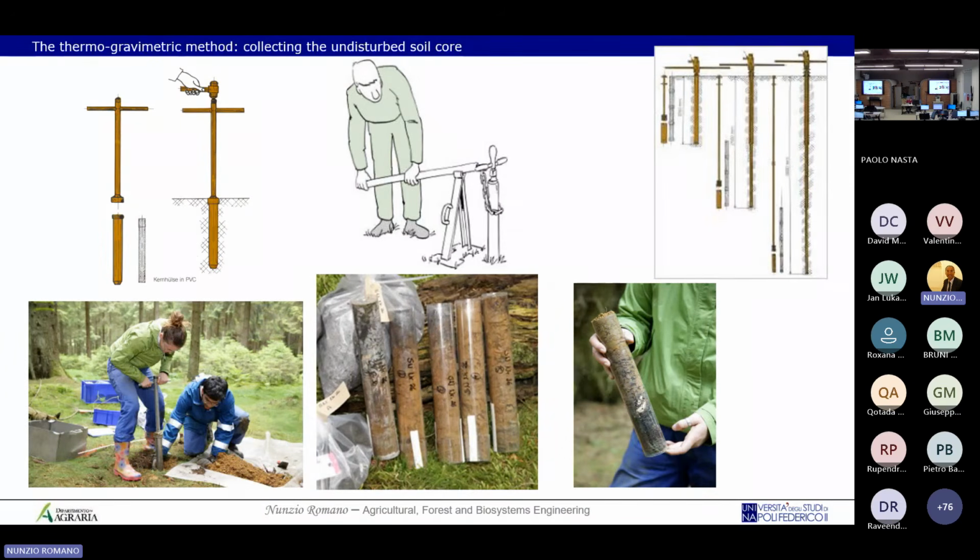Most of the time, as I understood Paolo will show next Monday, it is the 1D, one-dimension movement of water in the soil vegetation system, and most of the water movement in soil hydrology is in one dimension, specifically in the vertical direction.